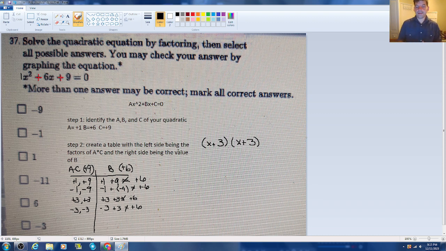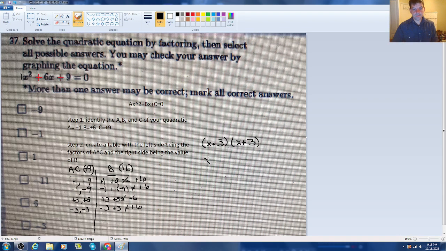They have found the factors that, when FOILed out, will get them back to their original equation. But this question asks you to solve the quadratic, which means it wants you to solve for what the solutions of x are. So what that means is we just have to take an extra step.